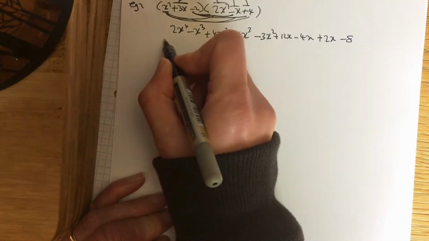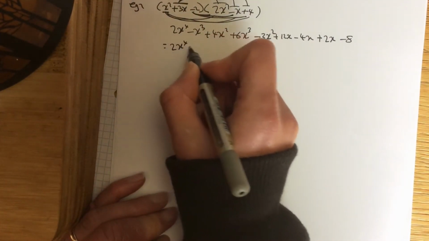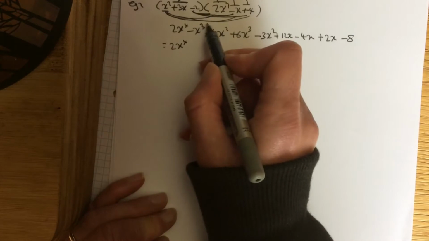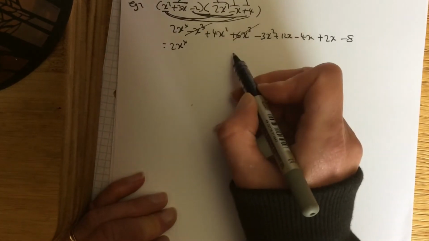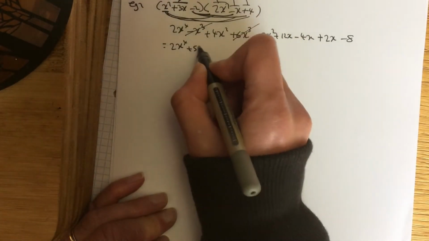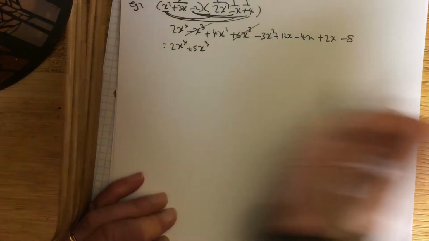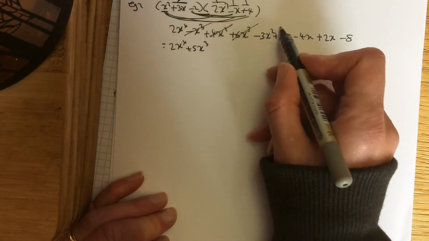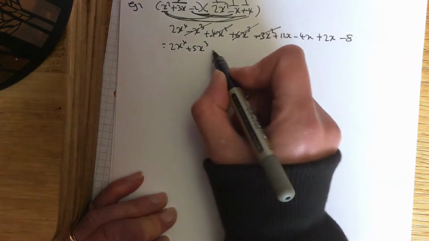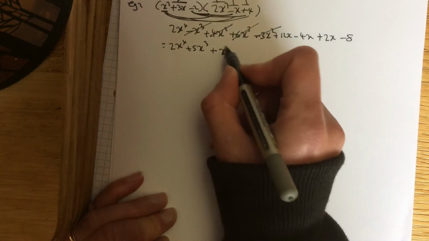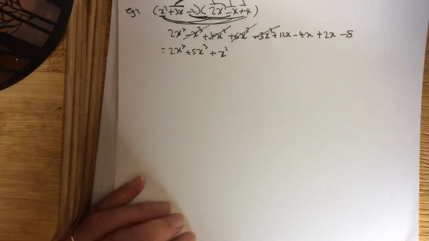And just tidy it up. So do the x to the 4s first. That's done. Then do the x cubeds. Minus 1 add 6 is 5. So plus 5x cubed. Now do the x squareds. 4 take away 3 is 1. So plus x squared. And then do the x's.